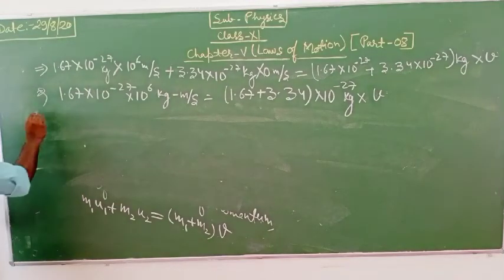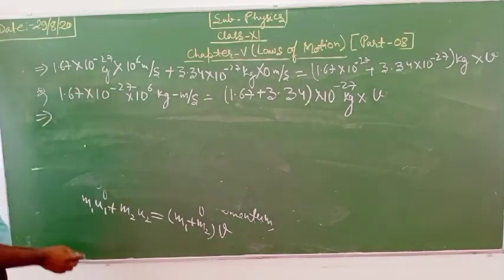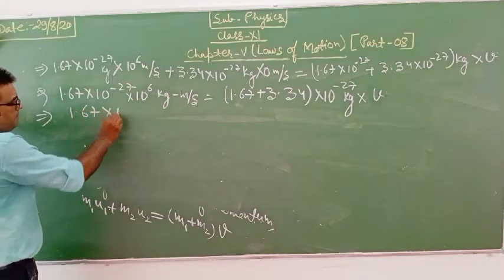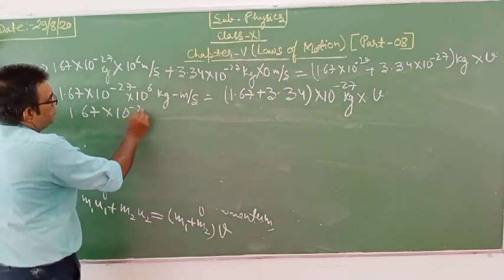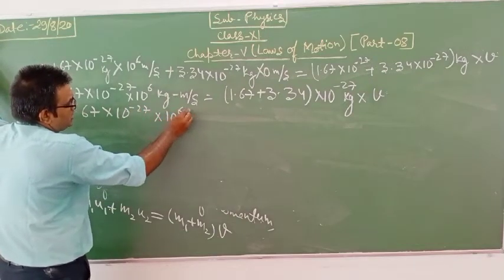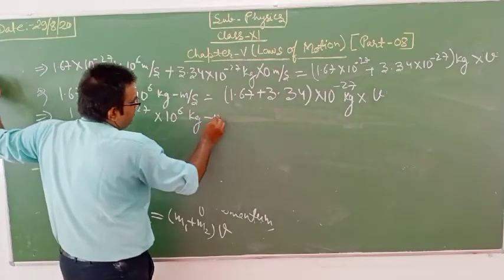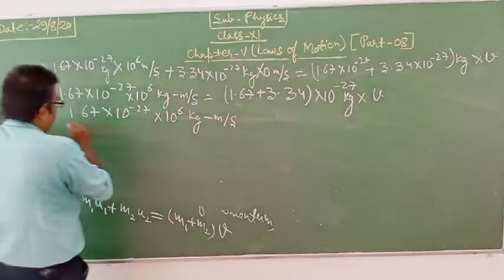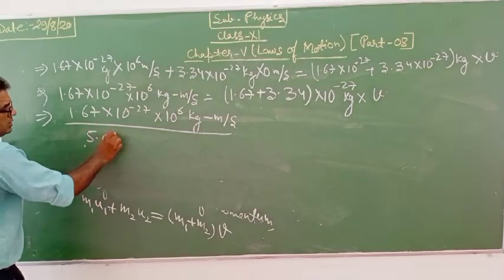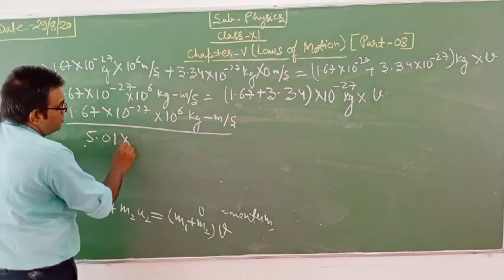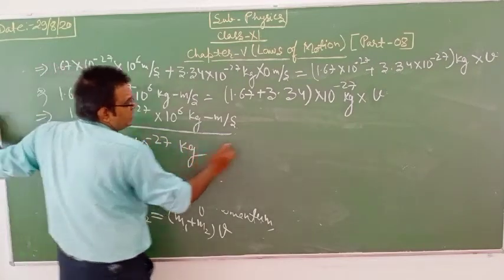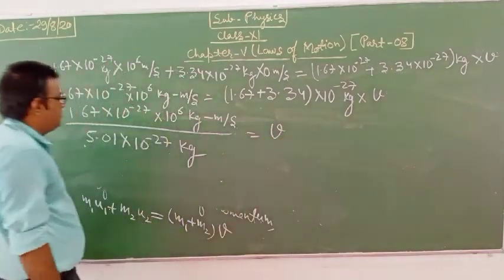So 1.67 into 10 to the power minus 27 into 10 to the power 6 kg meter per second, upon 5.01 into 10 to the power minus 27 kg, is equal to v.